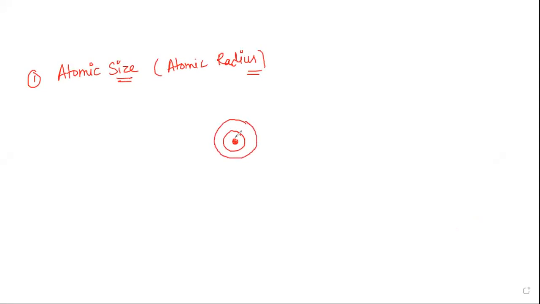Now the distance from the center of the nucleus of an atom to the outermost shell is known as the atomic radius. So atomic radius can be defined as the distance between the center of the nucleus of an atom to its outermost shell.